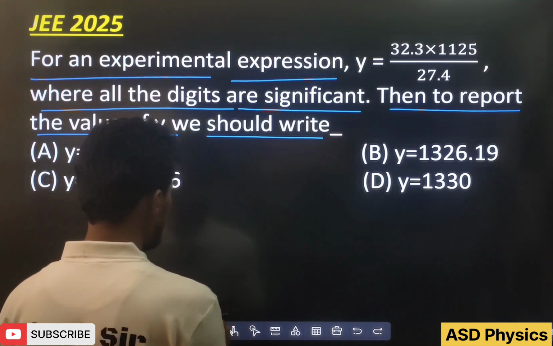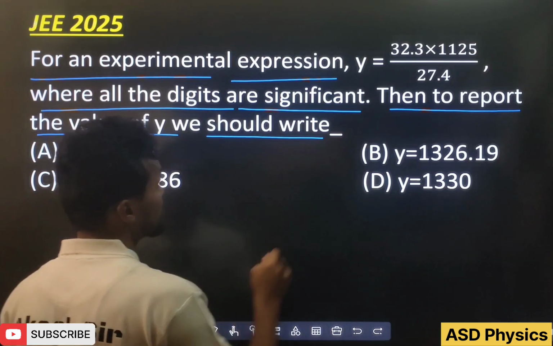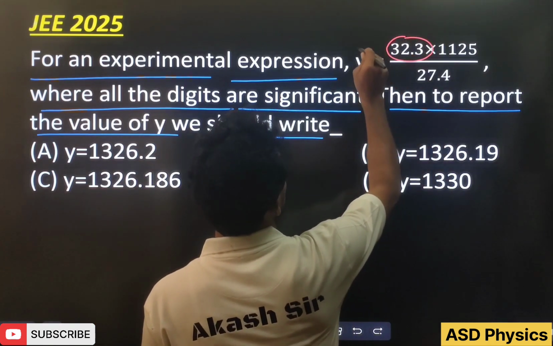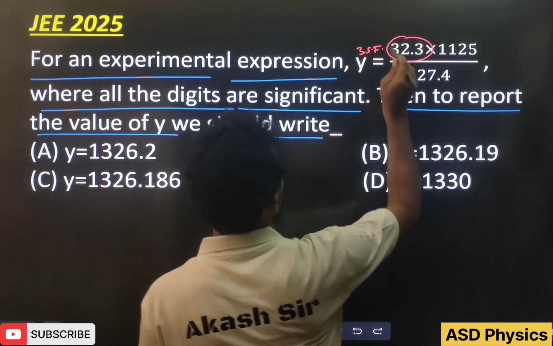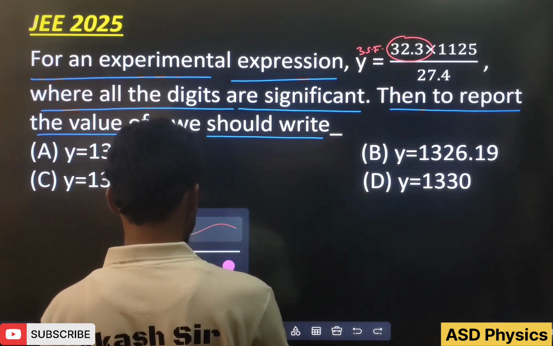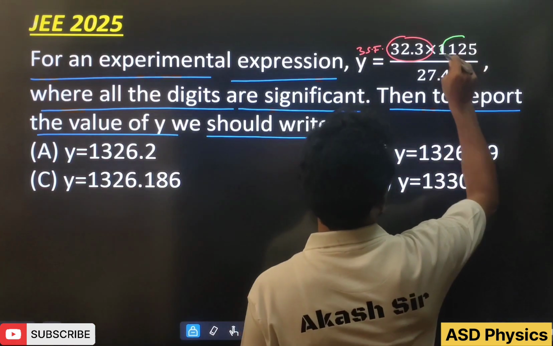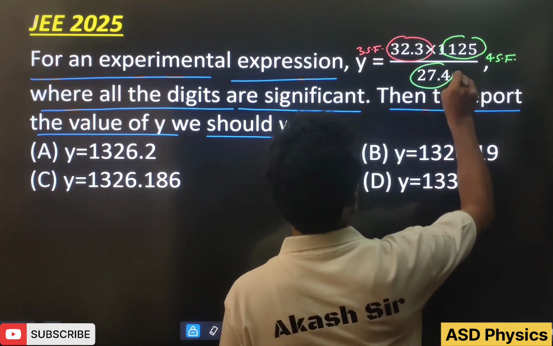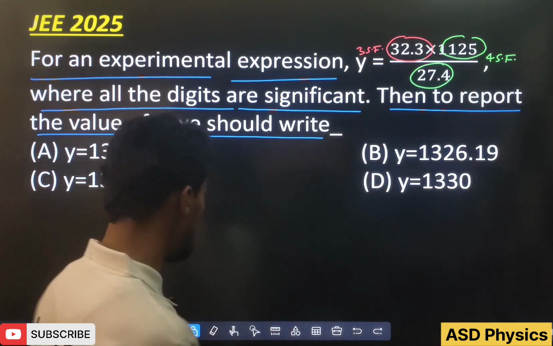So if I write here, 32.3 has how many significant figures? It has 3 significant figures. Next, 1125 has how many significant figures? 4 significant figures. 27.4 has 3 significant figures.